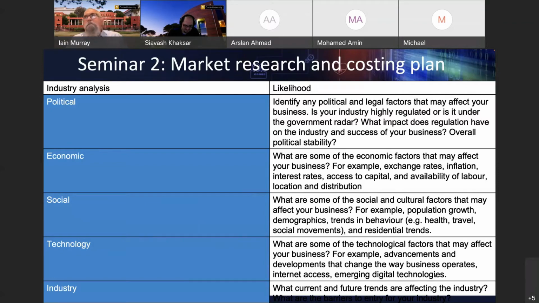Economic, that's fairly obvious, really. So the economic factors that can affect your business. Taxation laws, and one large one for us in Australia is exchange rates. As the Australian dollar goes up and down, it affects what we do rather dramatically. Most of our exports, particularly from our state, are mining and agriculture.